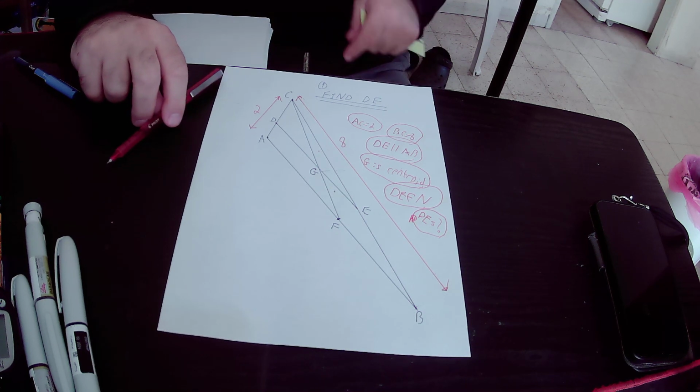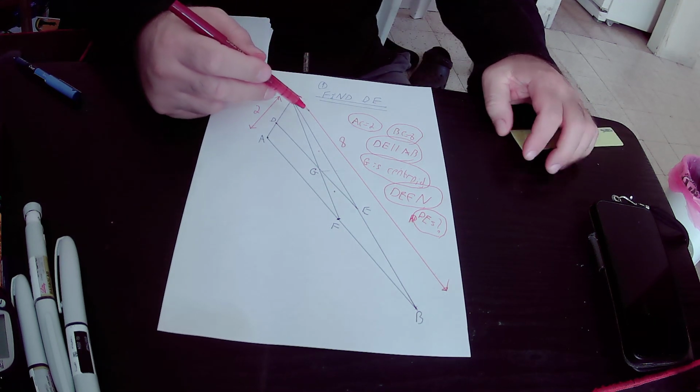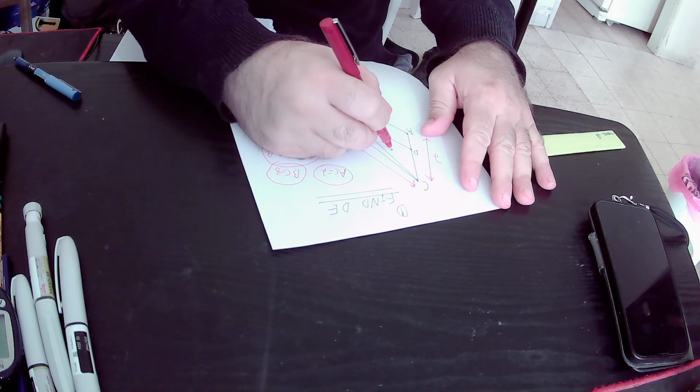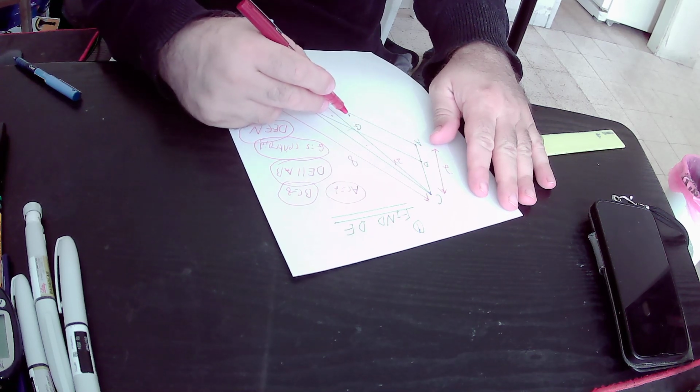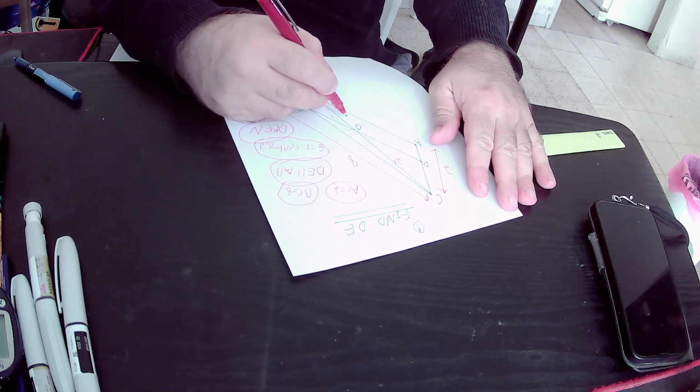That is to say, if CG equals 2x, then GF will be equal to x.